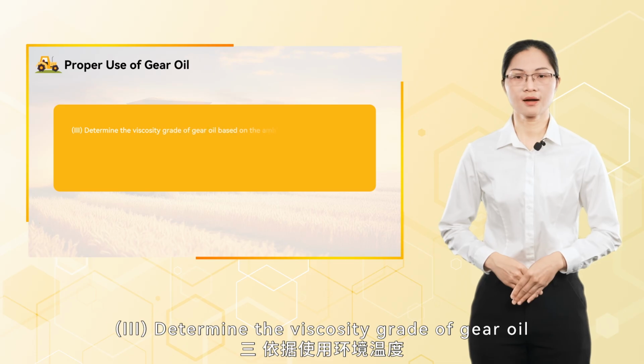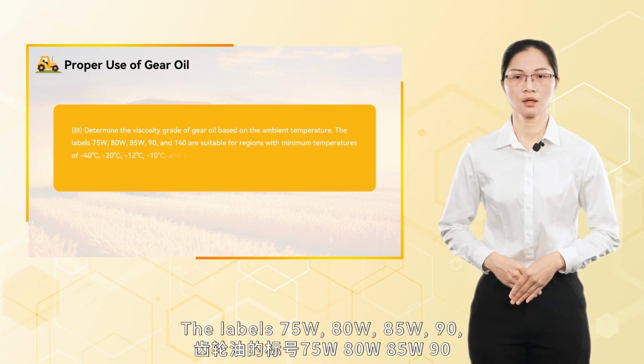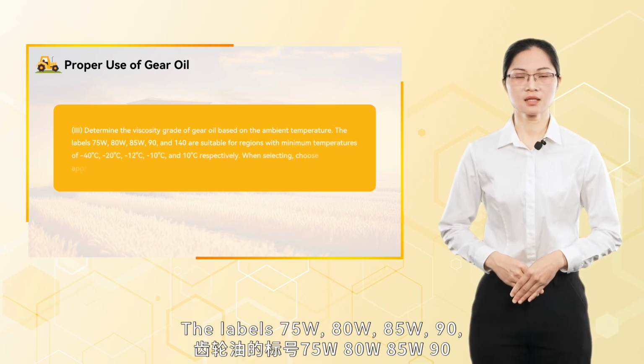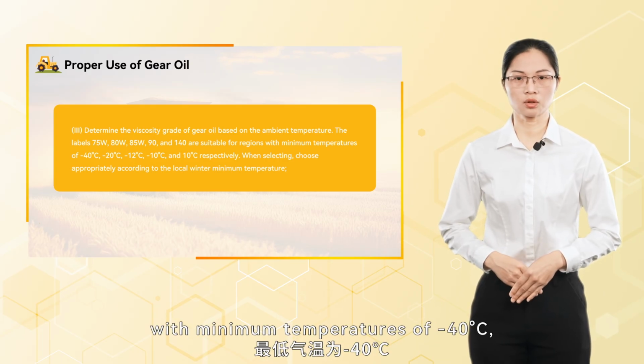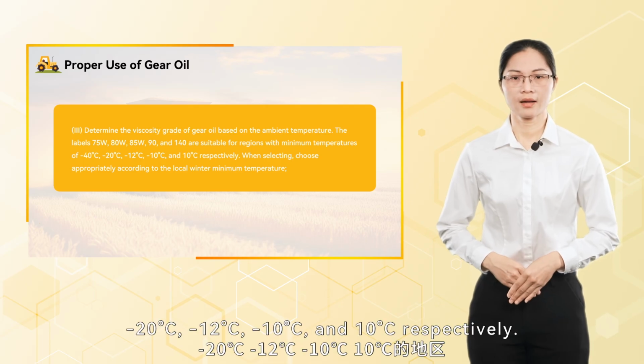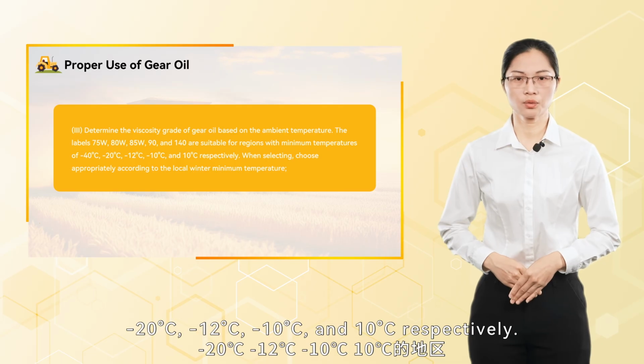3. Determine the viscosity grade of gear oil based on the ambient temperature. The labels 75W, 80W, 85W, 90, and 140 are suitable for regions with minimum temperatures of -40 degrees Celsius, -20 degrees Celsius, -12 degrees Celsius, -10 degrees Celsius, and 10 degrees Celsius respectively.